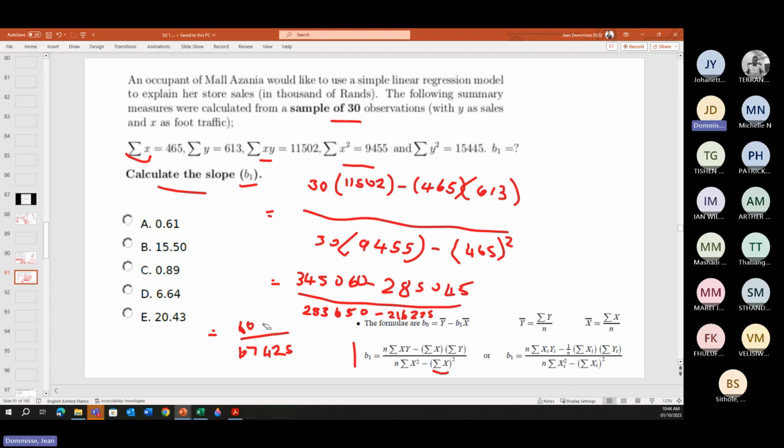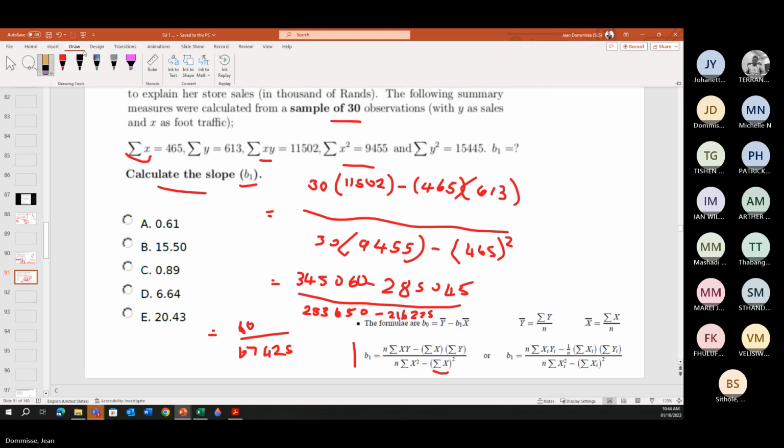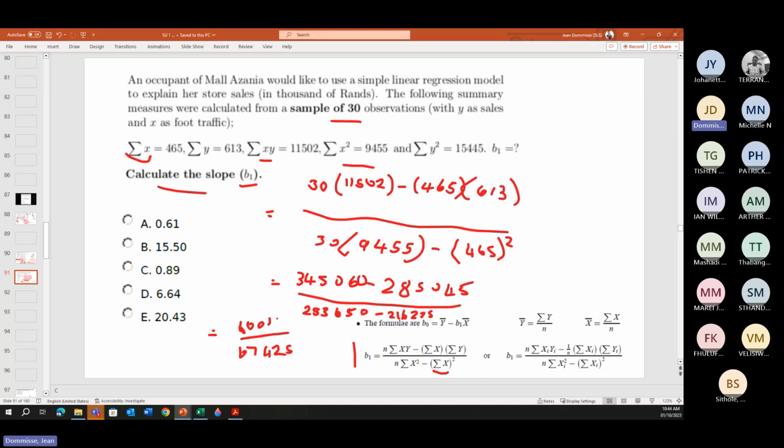And that again for me is why we should save time on other questions, because there will be a few that take you longer than normal. Okay, so 60015 divided by 67425 will give us 0.8901, and then rounded off, it gives us that.